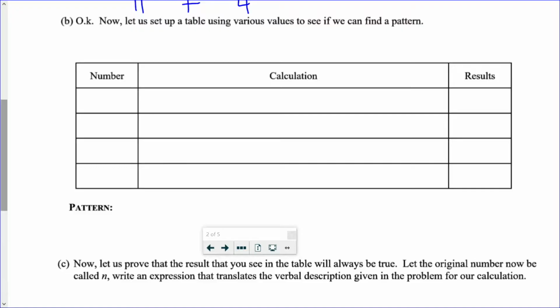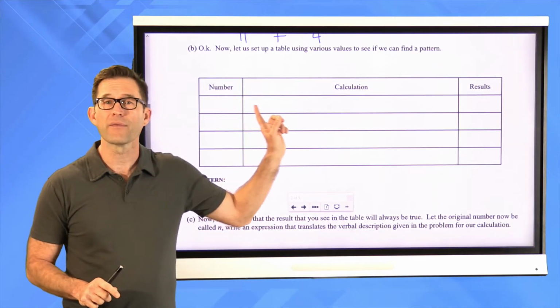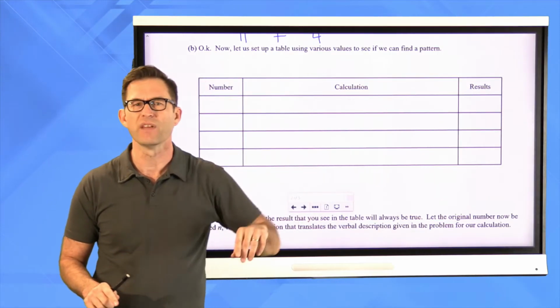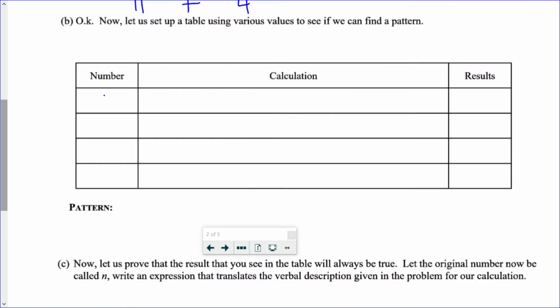Let's try to put these calculations all together. Why don't we put down the calculation when we had 3, and get that result of 15. That'll be one of our numbers. So when our number was 3, remember we had 3 times the number plus 2, plus 2 times the number minus 2.